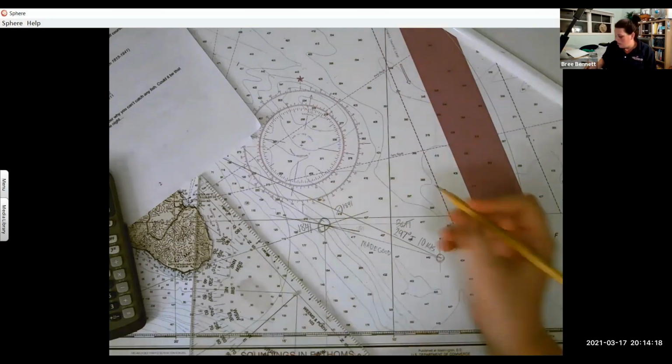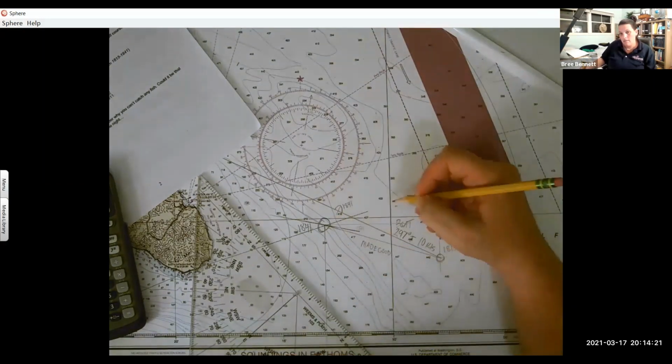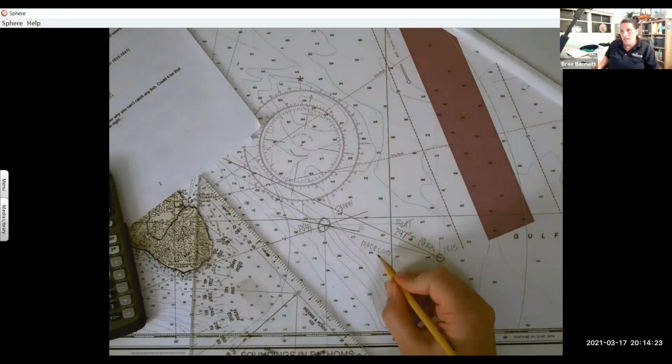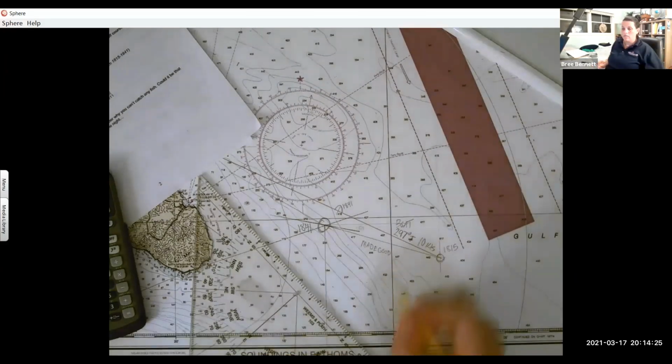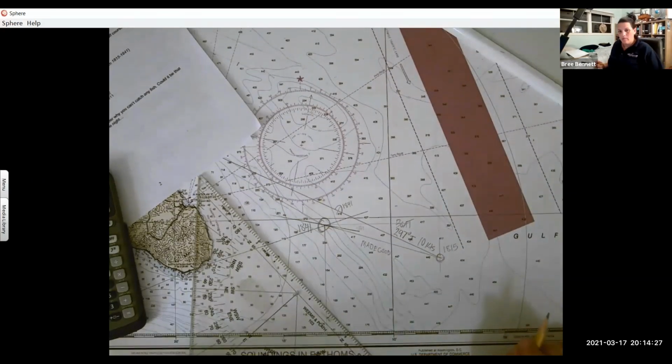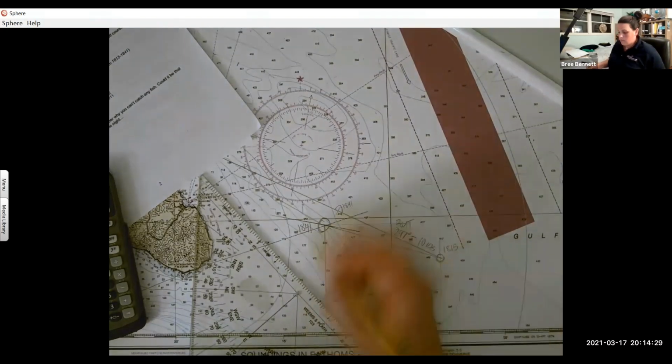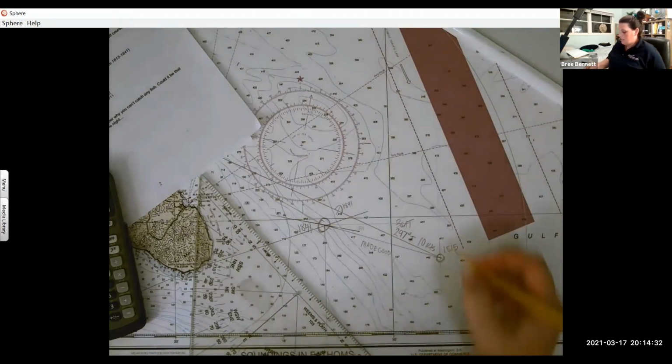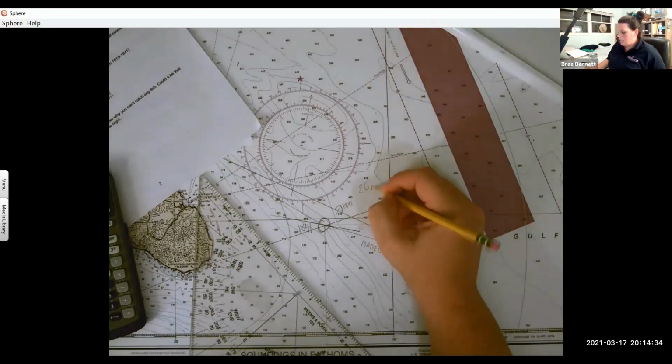So again, this is my boat line, and this is my made good line. My whole triangle here is a 26-minute triangle.